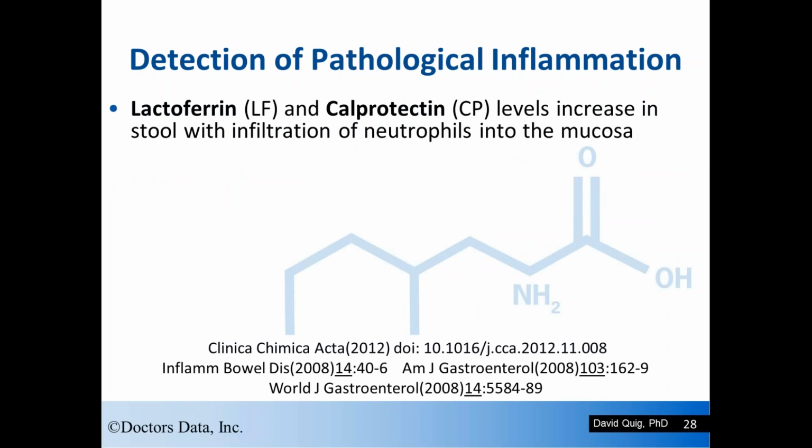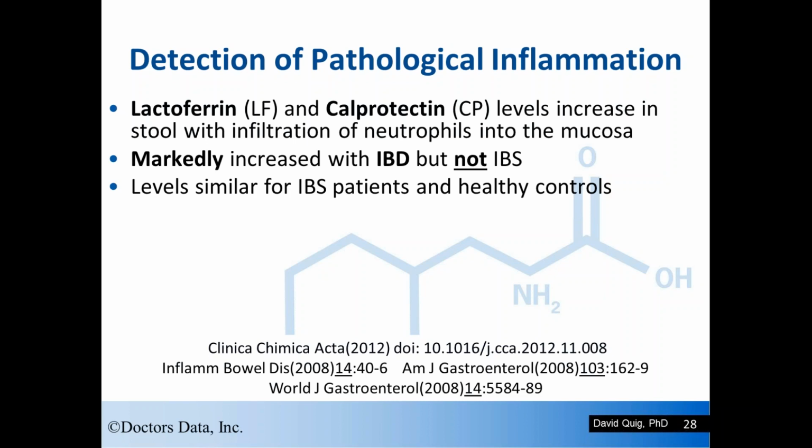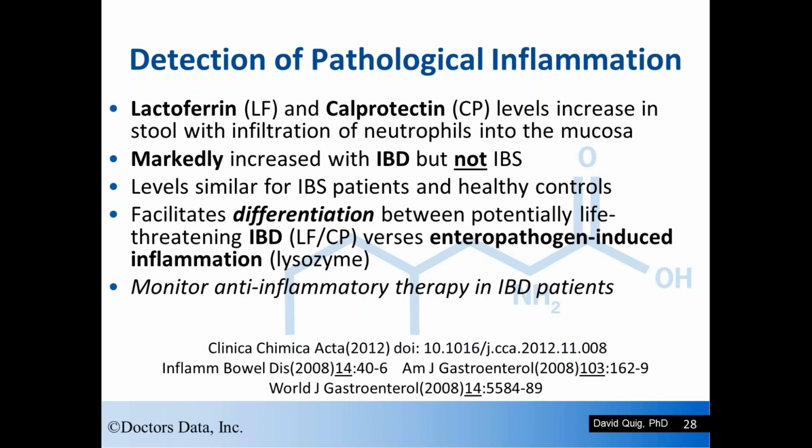So for detection of pathological inflammation, the IBDs, we use lactoferrin and calprotectin. The levels of those two proteins increase in stool with infiltration of neutrophils to the sites of inflammation into the mucosa. These proteins are markedly increased with inflammatory bowel disease, but not irritable bowel syndrome. In fact, the levels of these two biomarkers are very similar for patients with IBS versus healthy controls.